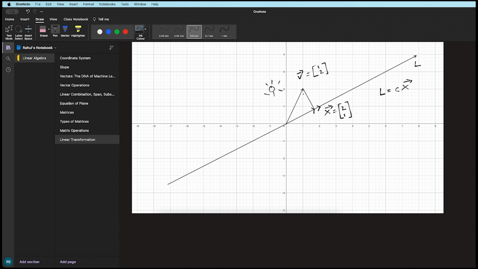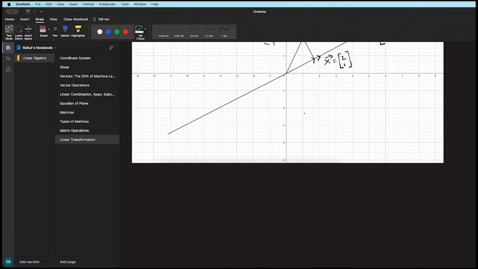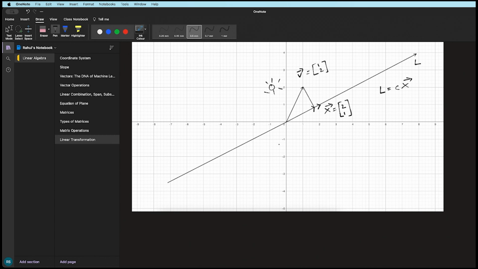Now I want to find the projection of vector v on line L. The projection of vector v on L is nothing but a scaled version of x.